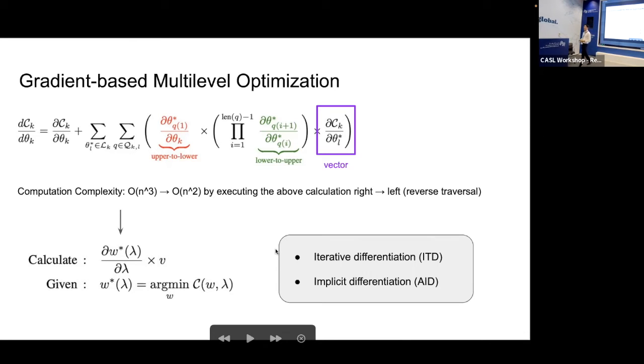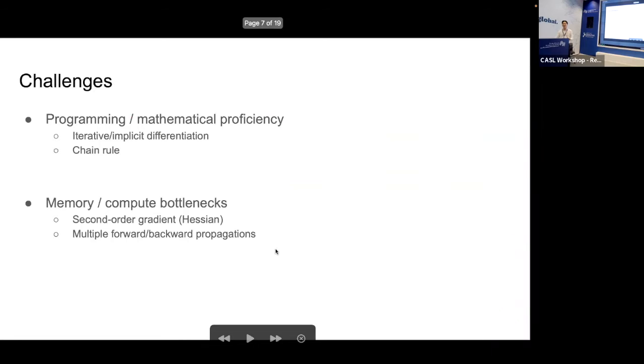But as you have probably noticed, a lot of people haven't even heard of these terms in their life. So one of the difficulties is definitely the programming and mathematical proficiency needed to understand what iterative differentiation and implicit differentiation are.